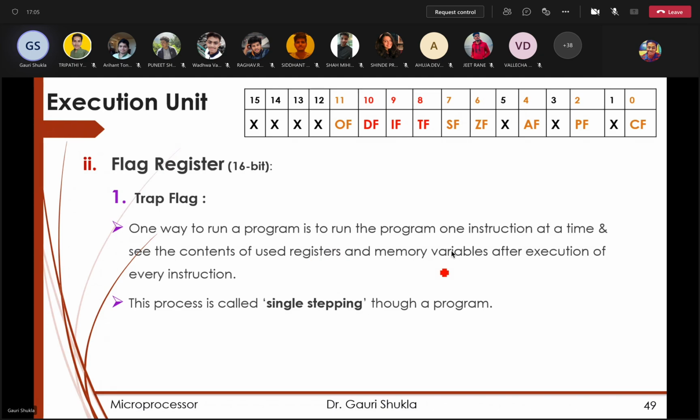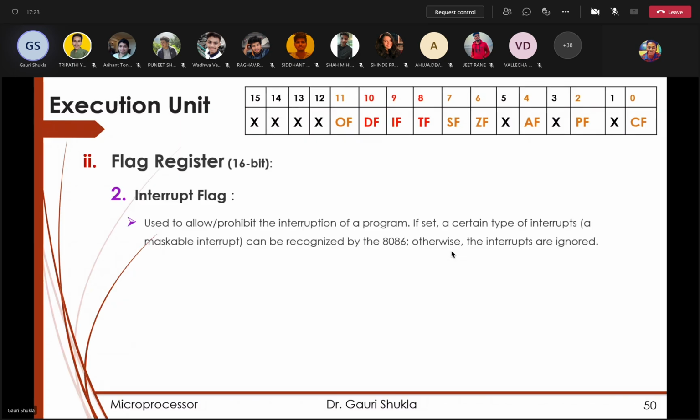So if my logic is going haywire and I want to check how these register and memory contents are changing, I should do single stepping. So the trap flag is used for single stepping through a program.